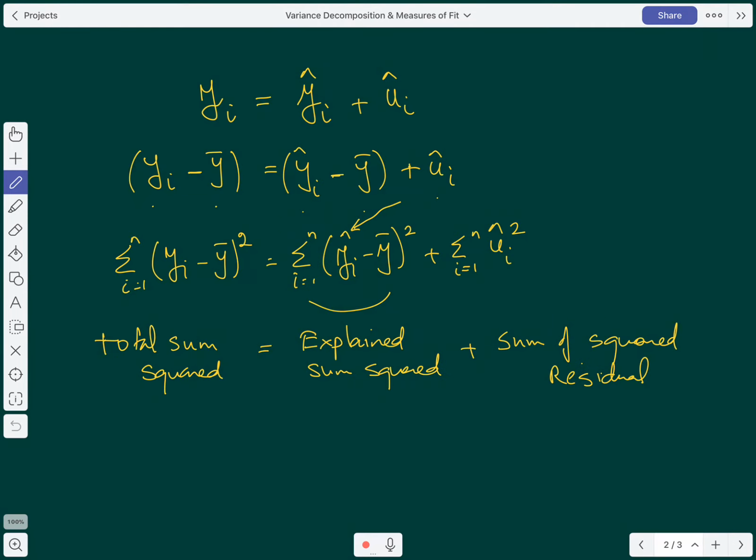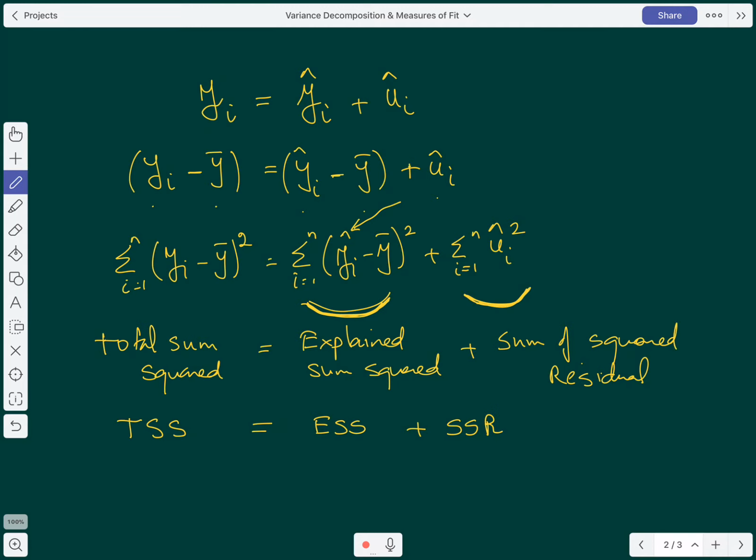This part is called the explained sum of squares, and we hope to maximize this part as much as possible, or you can say it differently, we hope to minimize the residual part as much as possible. You can also abbreviate this by saying TSS, total sum of squares, is equal to ESS, explained sum of squares, plus the sum of the squared mistakes, the sum of the squared residuals.